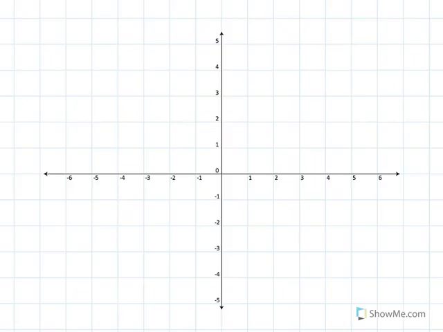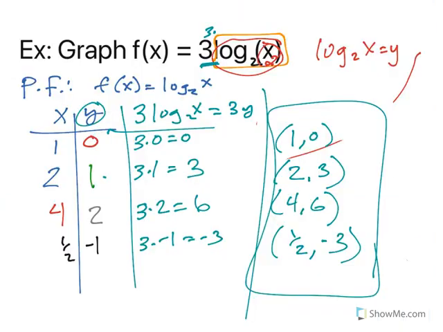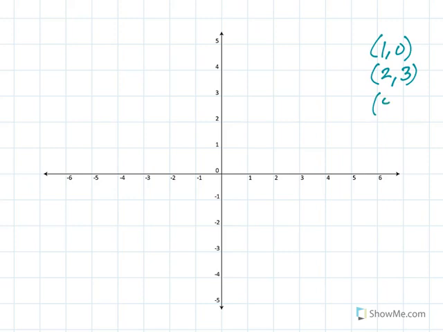So when I go to my graph, I can say, remember my 4 ordered pairs: 1, 0, 2, 3, 4, 6, and 1/2, -3. Okay, so let's plot them. 1, 0, 2, 3, 4, 6.